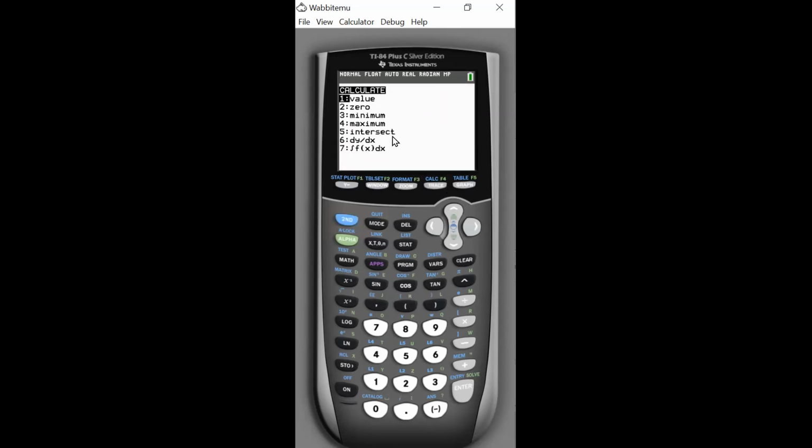So let's say we want the minimum. So number 3 for minimum. We go a bit to the left of the minimum point, roughly, and then we go to the right, and then press enter. Then you solve. So you get these coordinates. Not so important. I'm just going to copy it down for you on my iPad screen, then we can move on. You can also find it out on your own GC.